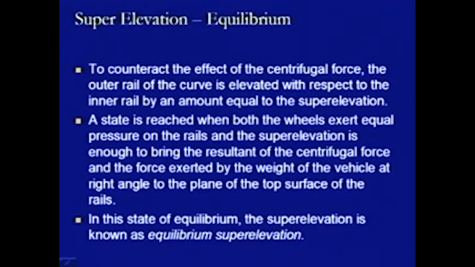So, we are trying to achieve a state in which the resultant of the centrifugal force, which is acting in the outward direction, and the vertical downward force, that is the load acting downwards, remains within the area of the wheel sections.